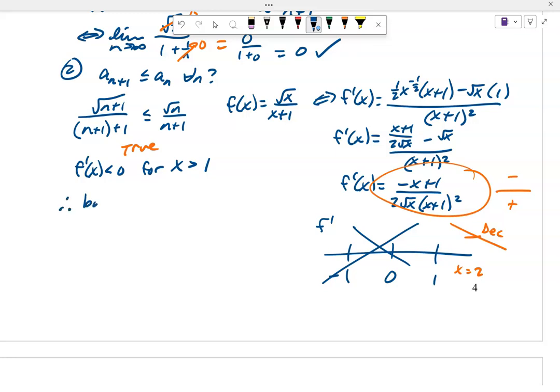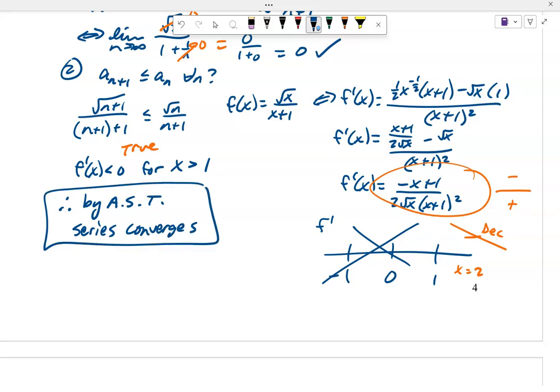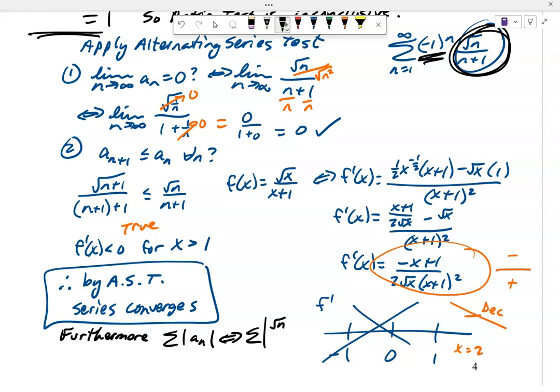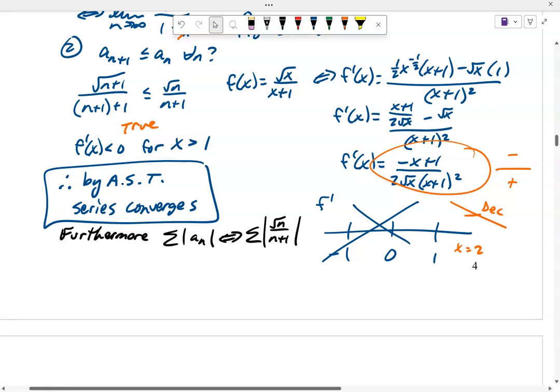Therefore, it meets both conditions of the alternating series test. This series, sure enough, converges, right? It does converge. We could take this a little further. What about the absolute value? That would just be the non-alternating part, the square root of n over n plus 1.